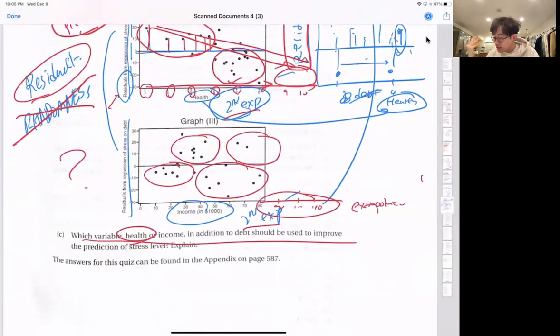If you look at the answer key, that's basically what it says: there's a strong association between health and the residuals. So you're now measuring residuals against health and looking for patterns and associations. That helps explain the variation, which helps you predict what's going to happen in the future.